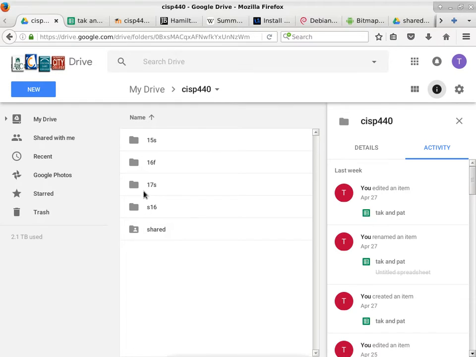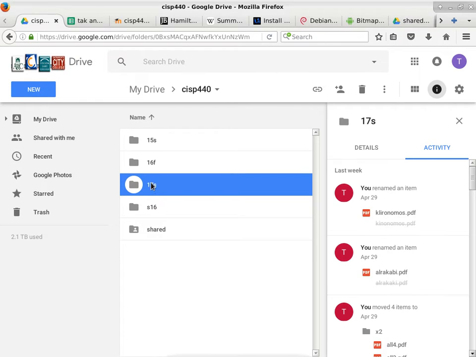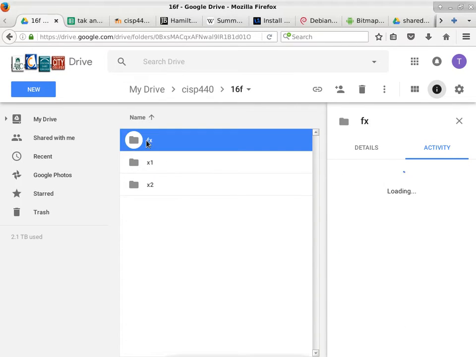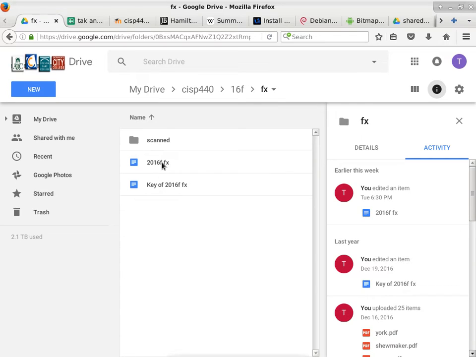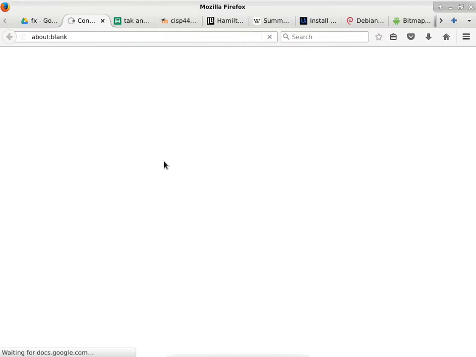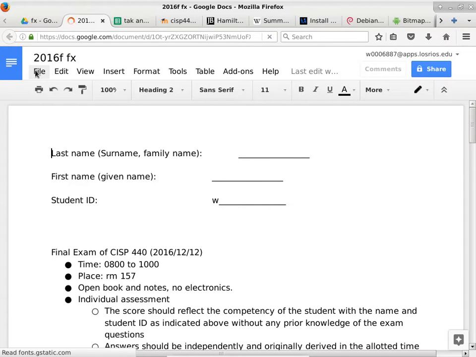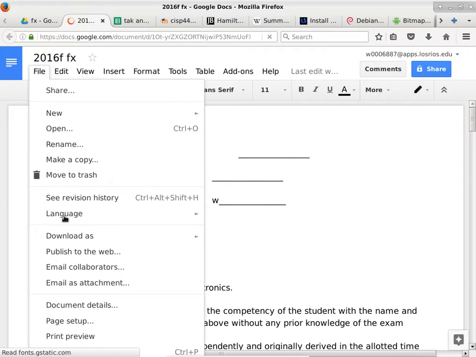And the first thing I can do, I forgot to do this first, is to share the exam with all of you, because I think last time I forgot to do that. So this exam is 2016 fall, and let me copy this to the folder where you guys can see.